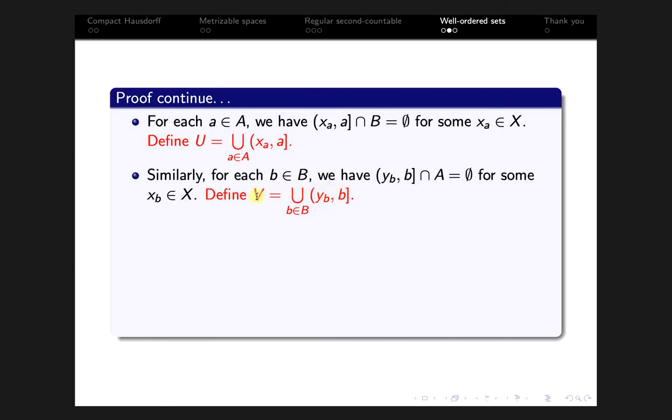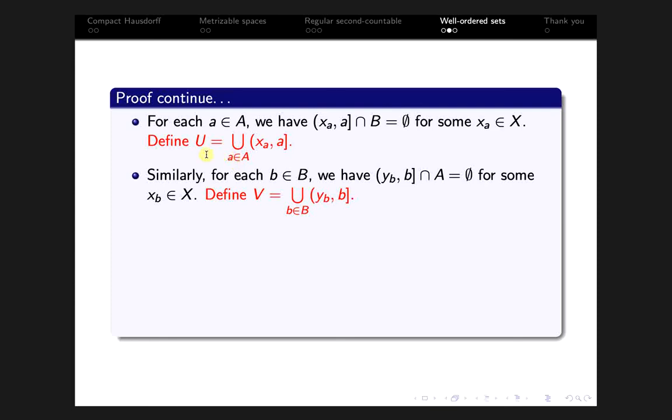So U and V are open sets because they are unions of basic open sets in the order topology, and they are open neighborhoods of A and B.